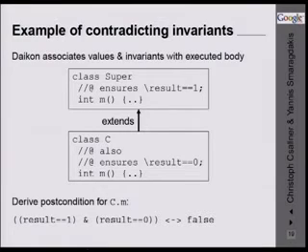So in this example, assume that every time super.m gets executed, it returns the value 1. And every time the method body c.m gets executed, it returns 0. So you might think it's reasonable to annotate the super method with always returns 1 and the sub method with always returns 0, right?